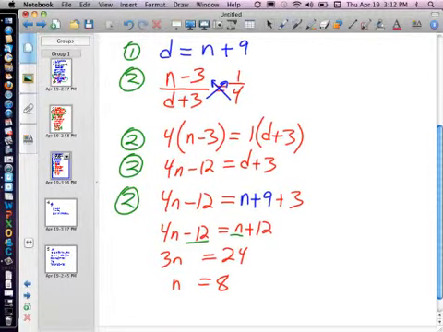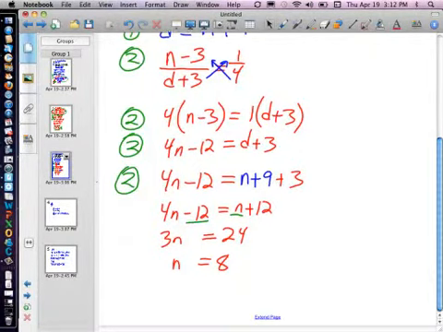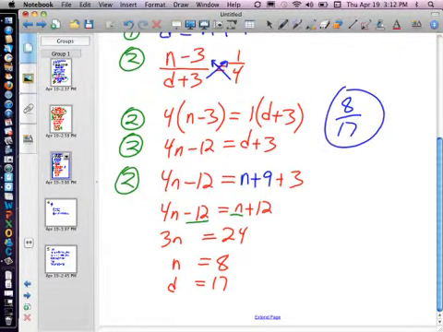We think. I'm going to plug that into equation 1, make it real easy. 8 plus 9 equals the denominator. So the denominator we think is 17. So we think our fraction is 8 over 17. We think. Let's read the words of the problem, see if we agree. The denominator of a fraction is 9 more than the numerator.